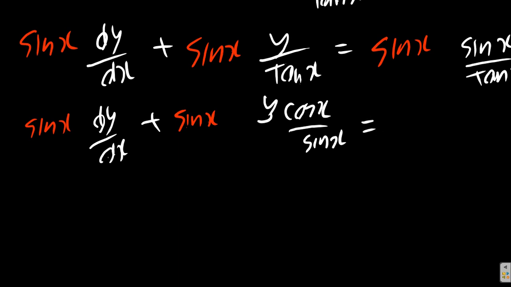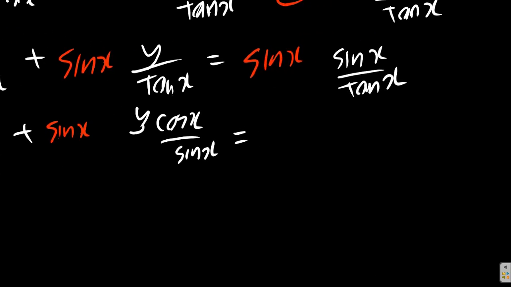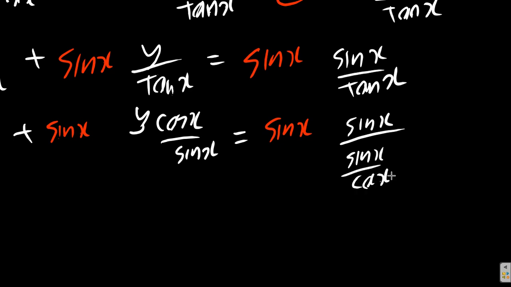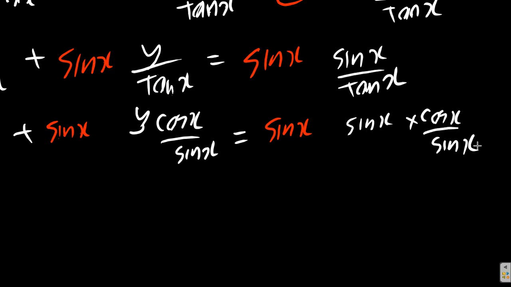And this is equal to sin x times sin x divided by tan x, which is the same as sin x times cos x divided by sin x, so cos x over sin x.